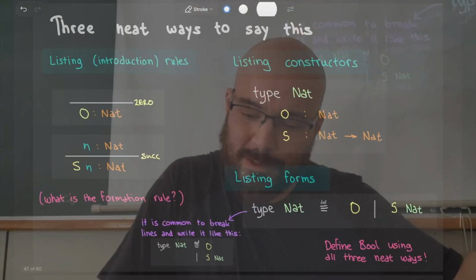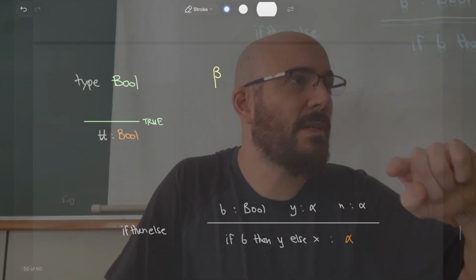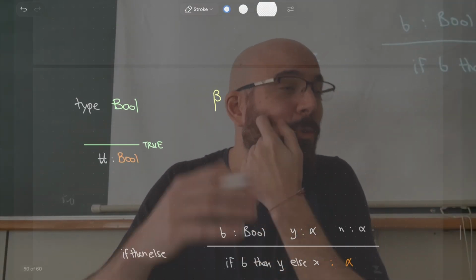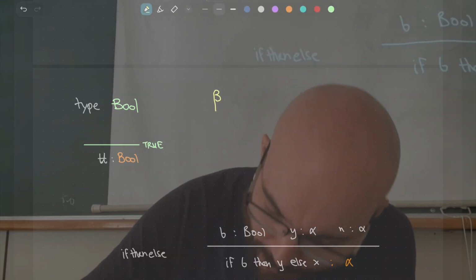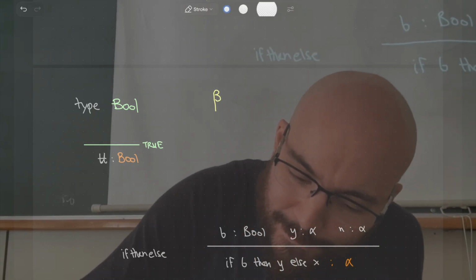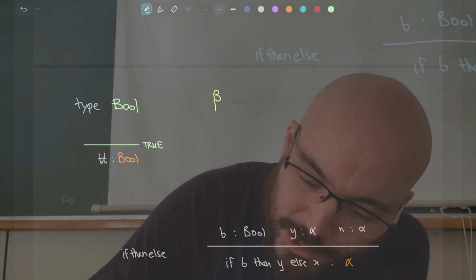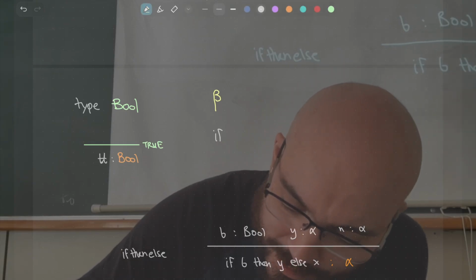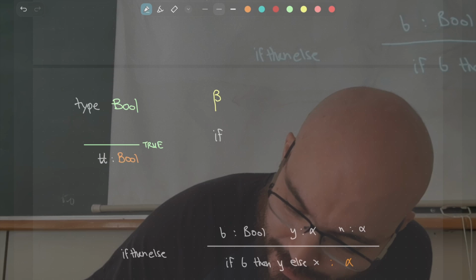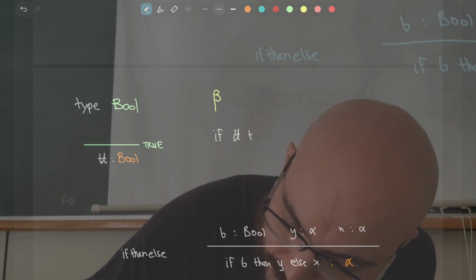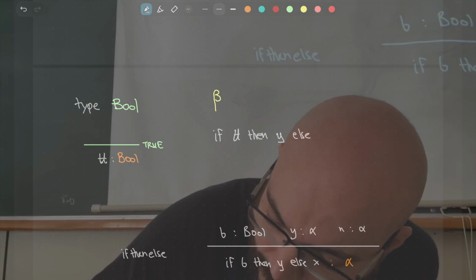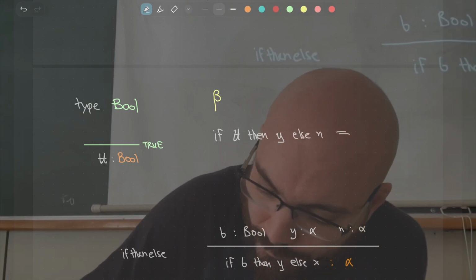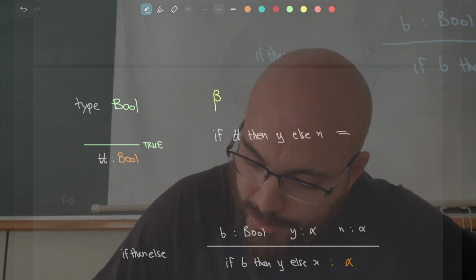And the other idea was, or was it a similar thing? I'm asking what would be the beta equations here? If TT then X else Y equals X, and if FF then X else Y equals Y. Exactly. So the idea here is I want to say how these things compute. So if you see this thing, if TT then y else n, this thing is equal to, say it, sorry?